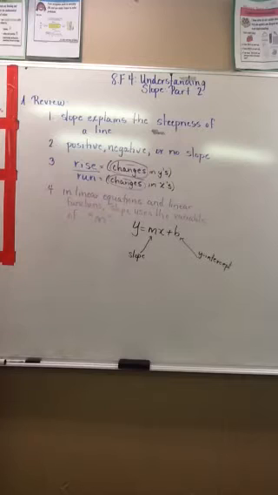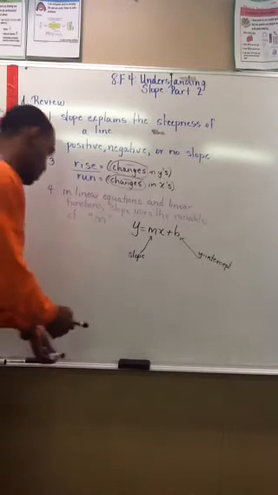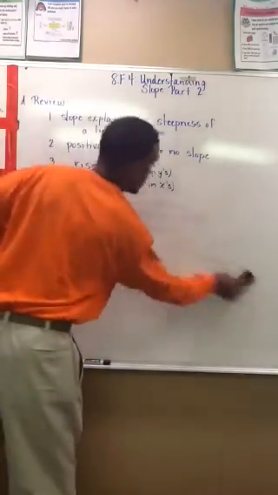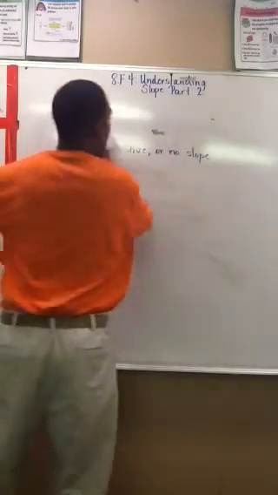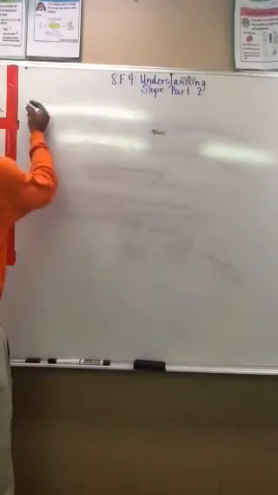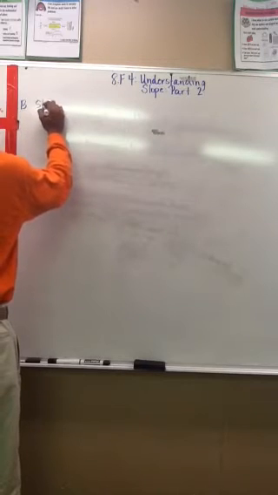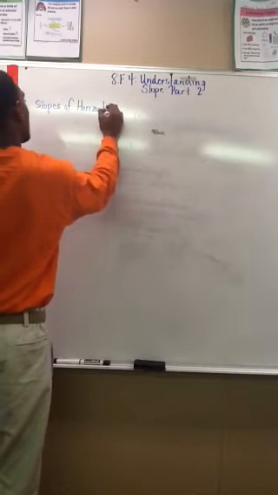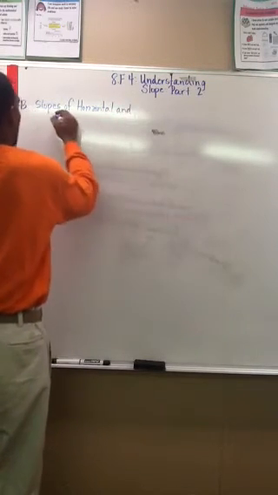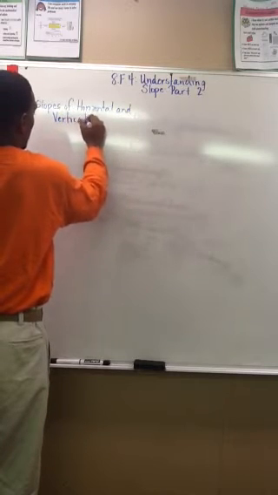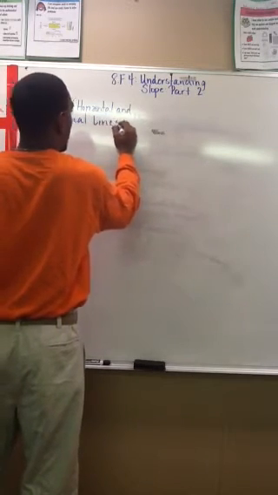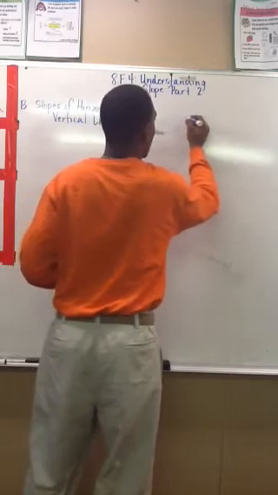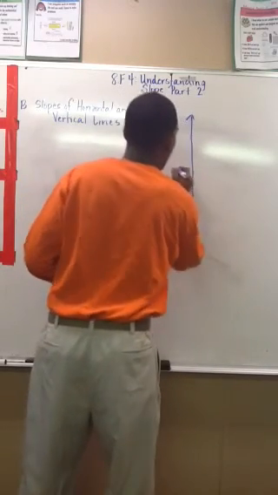Now, let's talk about slopes of vertical and horizontal lines. Hopefully you copied this down. This is our number 1. Think about it: what does horizontal mean? What direction would a line be flowing in if it is horizontal? So let's draw a graph, a Cartesian plane. Y'all know I'm not the best artist.